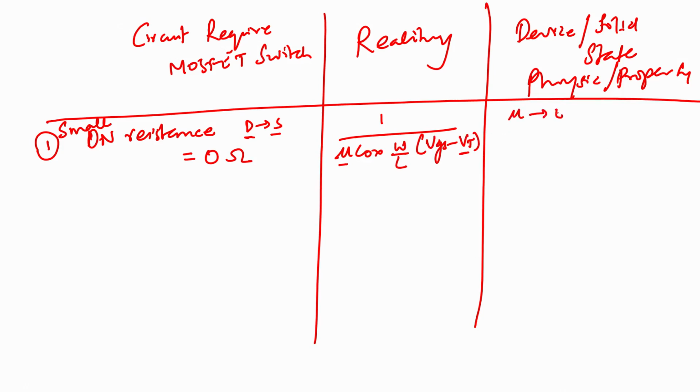So mobility comes from the E-k diagram, and it is dependent on your tau (scattering time) and effective mass.